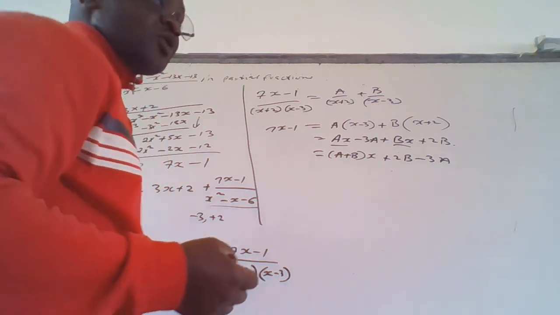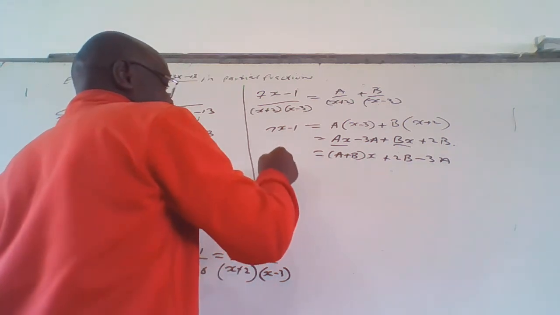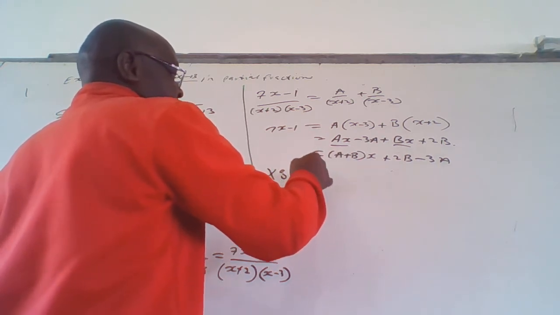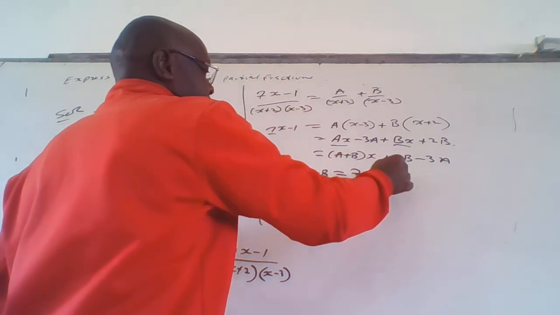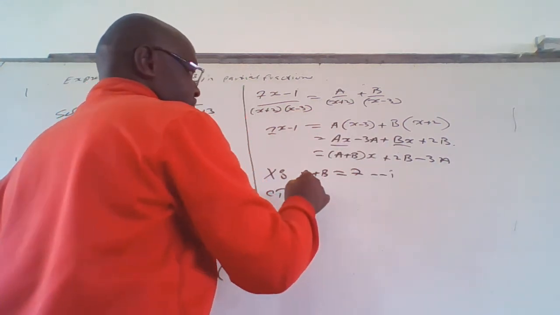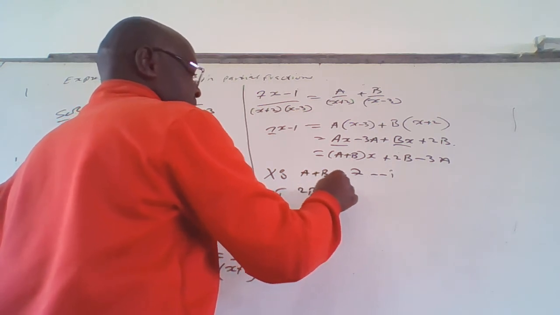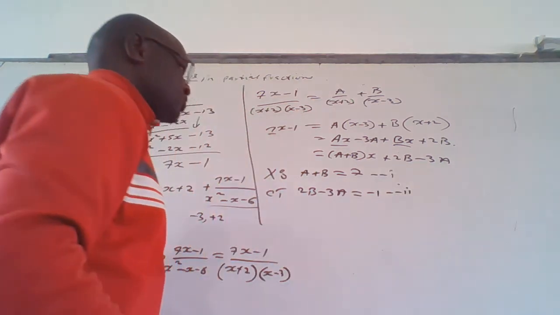Then we equate the corresponding coefficients of x. The highest power of x is 1, so we have A plus B equals 7, equation 1. Then constant terms, we have 2B minus 3A equals negative 1, equation 2.